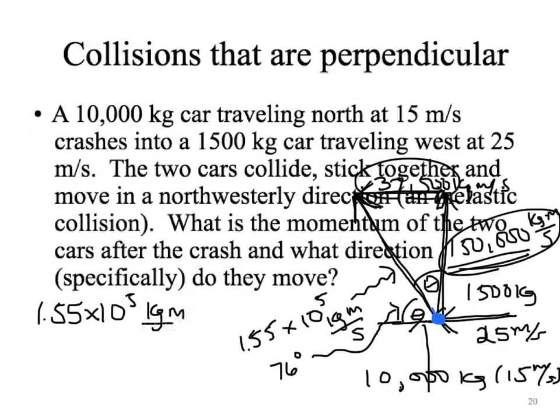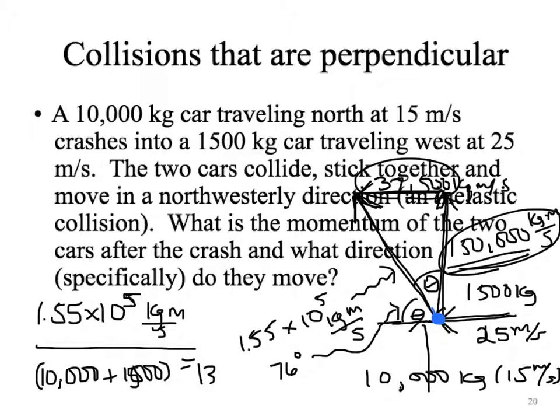Looking at units, if I divide this total momentum by the mass of both of them together, the 10,000 plus the 1,500, I will get the velocity that they move off together with, and that is 13.5 meters per second.